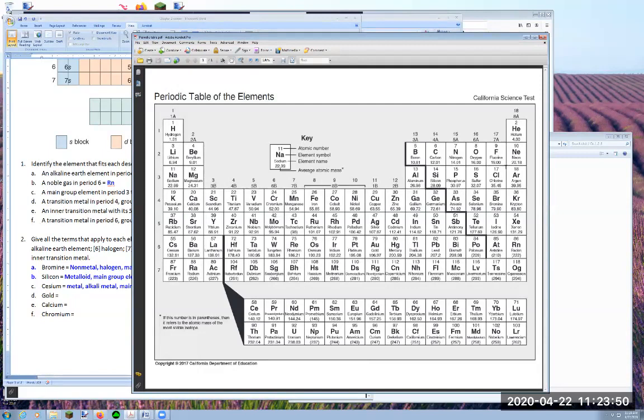So gold, atomic number 79, is the symbol AU. AU comes from the Latin root of the name.